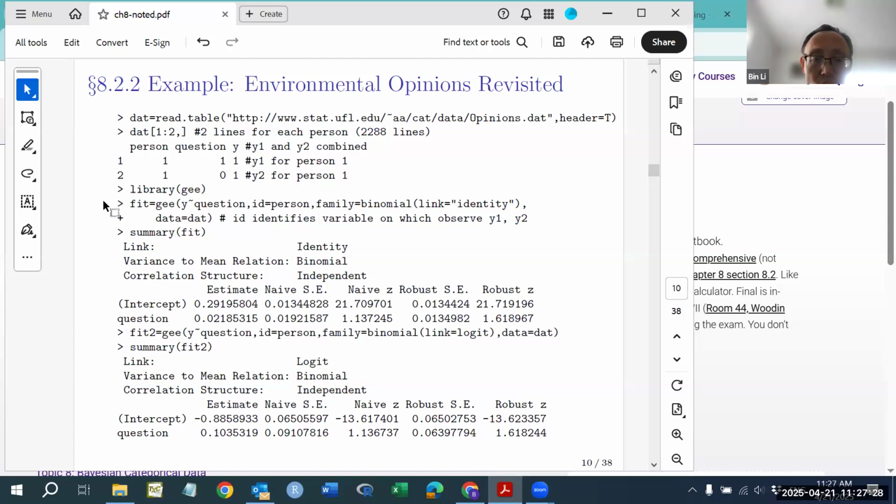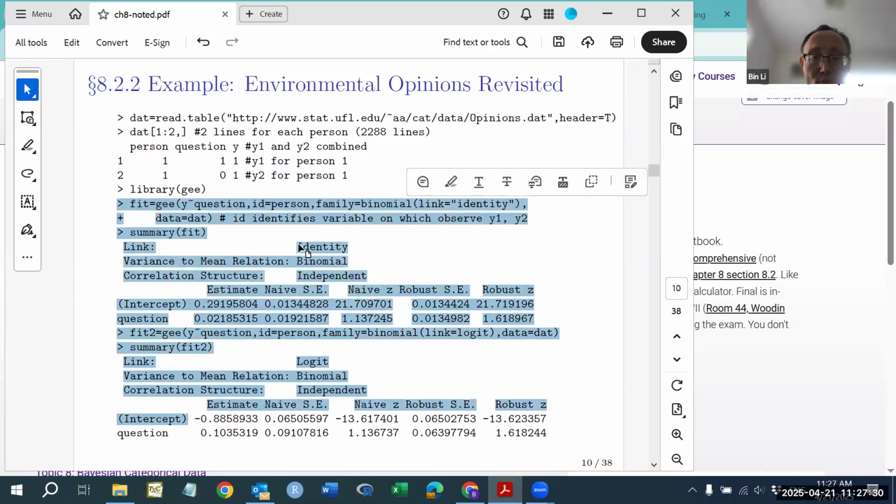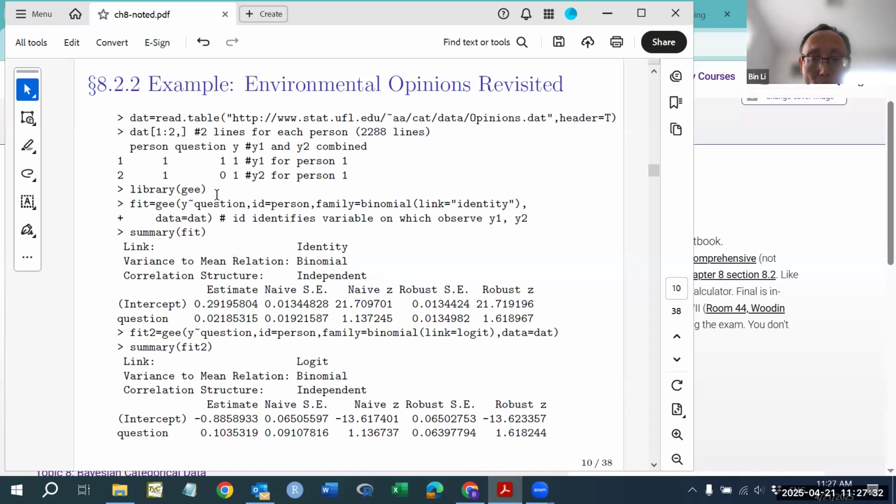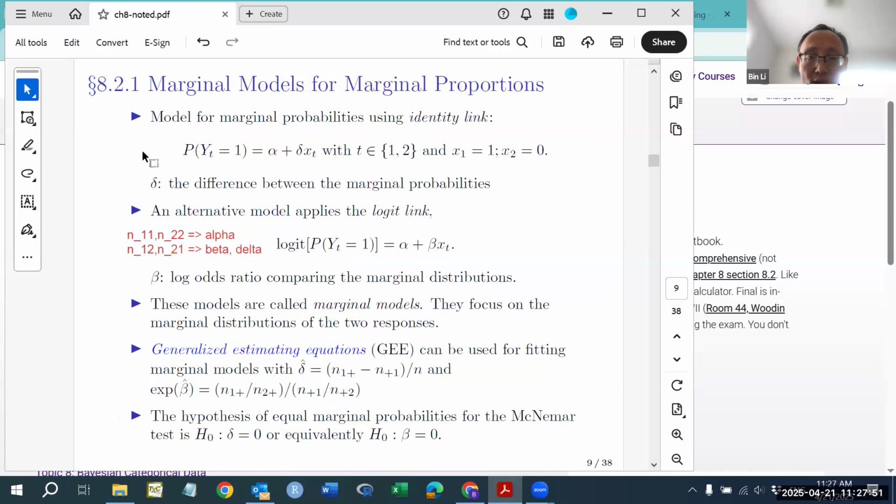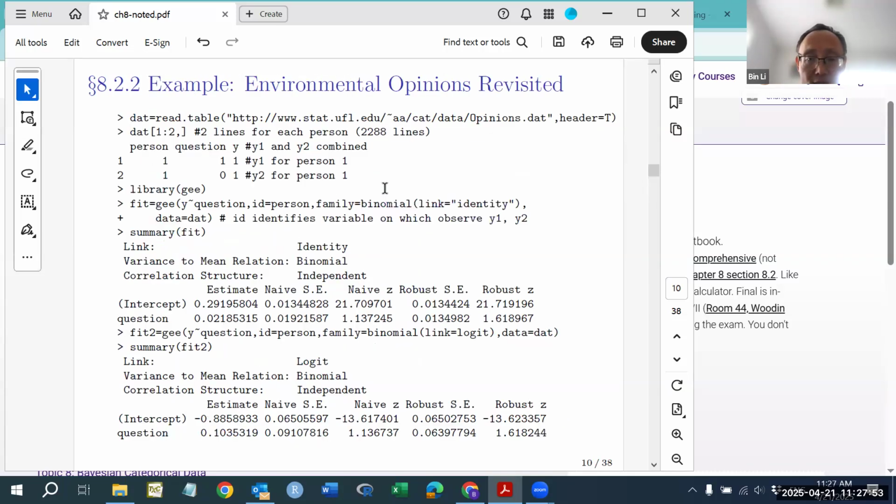Okay, so for this, oh, I'm sorry. For question 2, it also answers yes. We have the Y is yes. So after fitting this, and here I use the family binomial, but the link is identity link. So this is the first approach using the identity link.